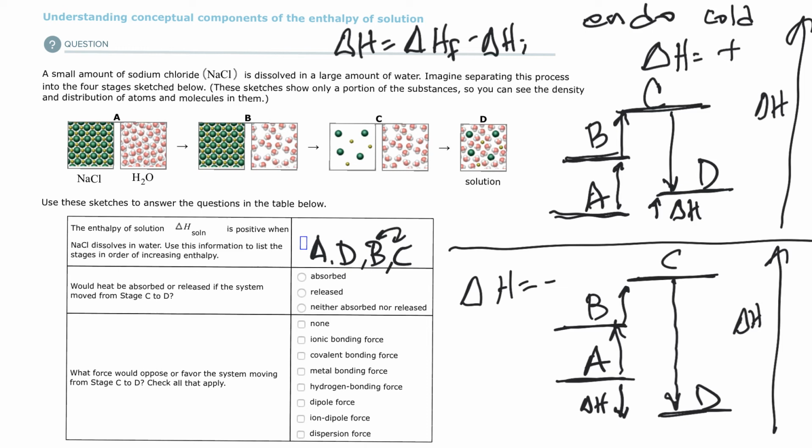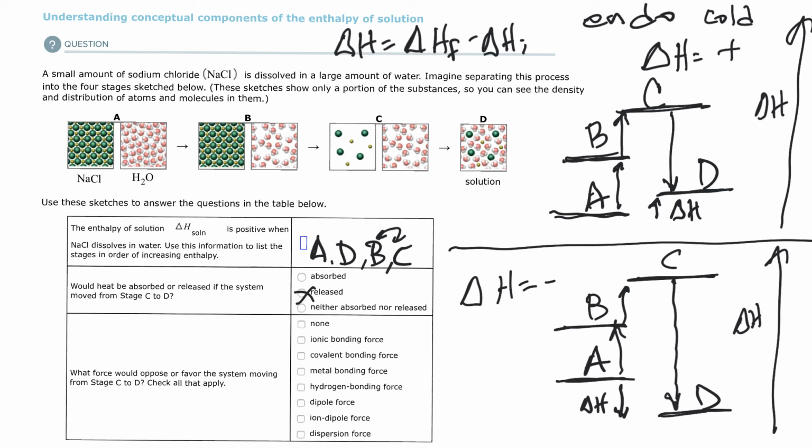I don't push it with energy. I just let it go and it pops together. It's free, because that's what it wants to do. I would have to add energy to pull two magnets apart. I don't have to add energy to pull two magnets together. And that's exactly what you're having here. Those water molecules are simply attracted to those ions, and it's going to be negative. It's going to be free energy. Energy is released. So this is going to be energy released.